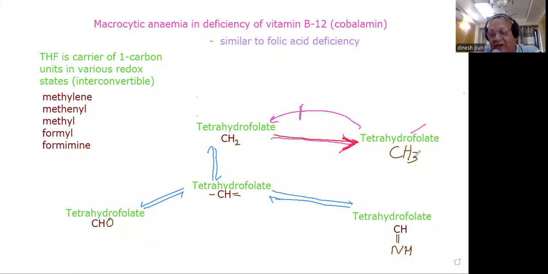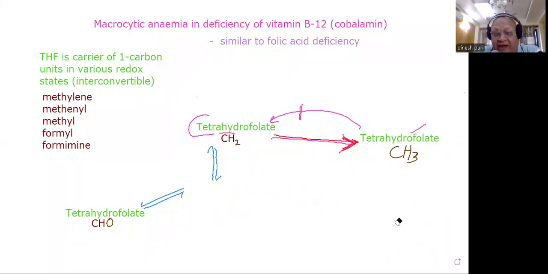So methyl tetrahydrofolate is in a way locked, and it cannot enter the mainstream. Tetrahydrofolate can be retrieved from this methyl tetrahydrofolate only in one way. That is, if this methyl group is removed, then tetrahydrofolate can be generated.